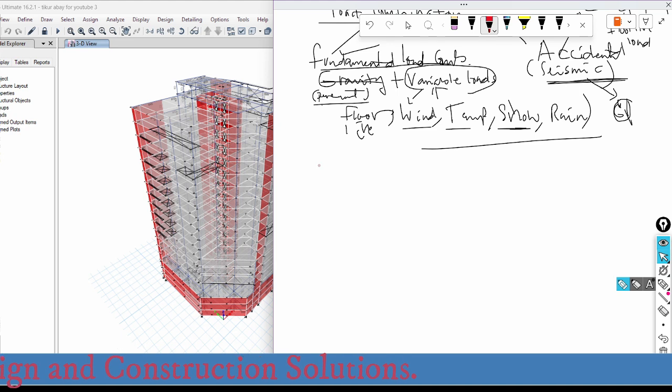So here for the ultimate limit state, that is gamma, the partial factor, the combination factor for dead load, plus gamma for the variable action, which is the leading action.